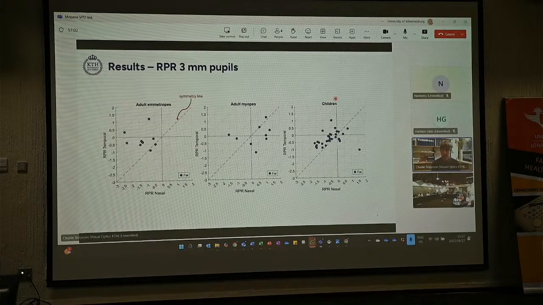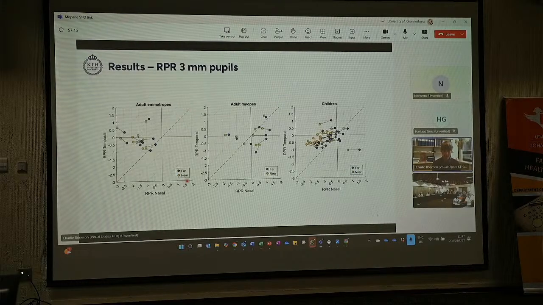Now, this graph is for 3 millimeter pupils and just for the far measurements, when they looked at the far targets, 4.5 meters away. If we now want to see what happens when they accommodate, we get this. The yellow dots are the near measurements, and each subject's far and near measurements are connected with a line.